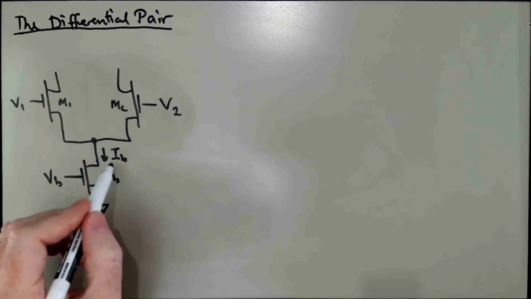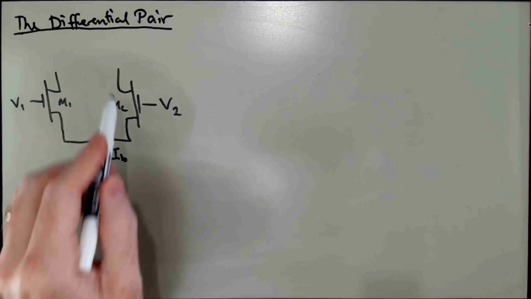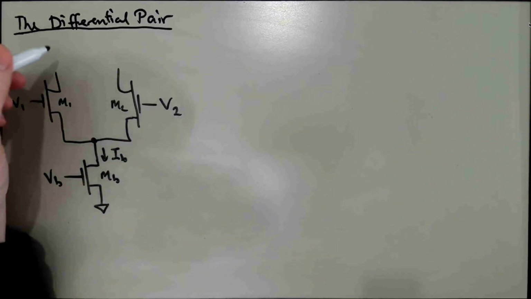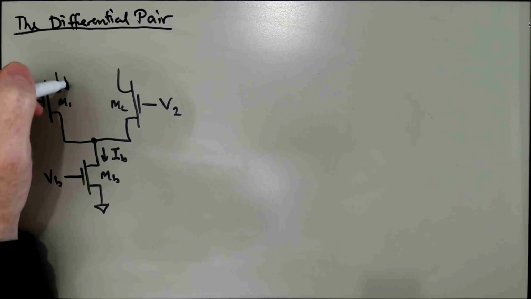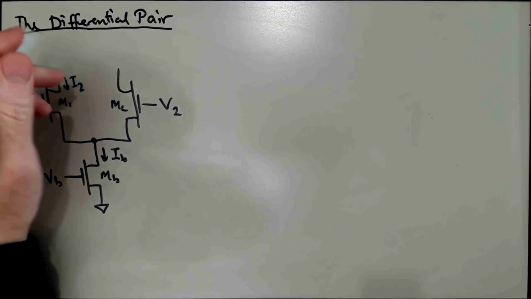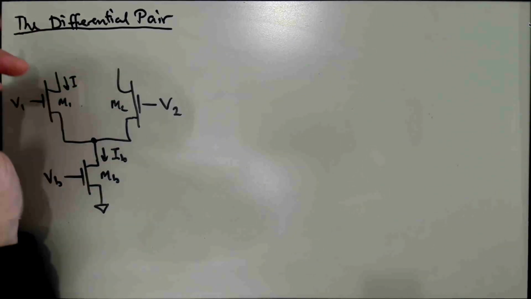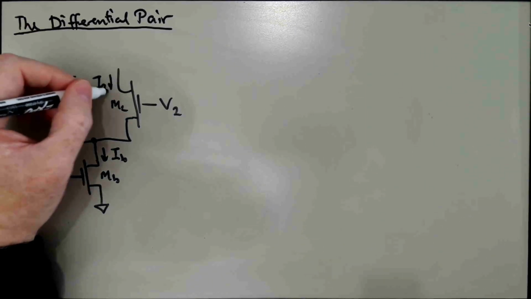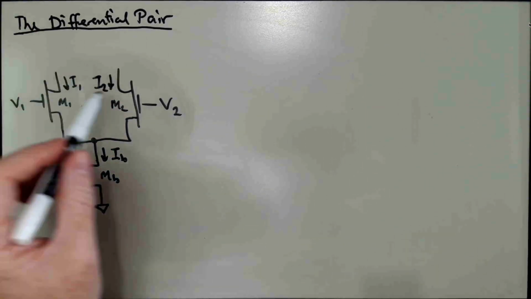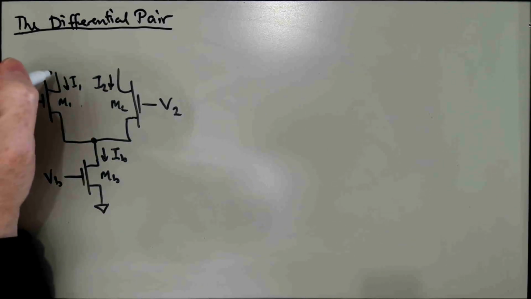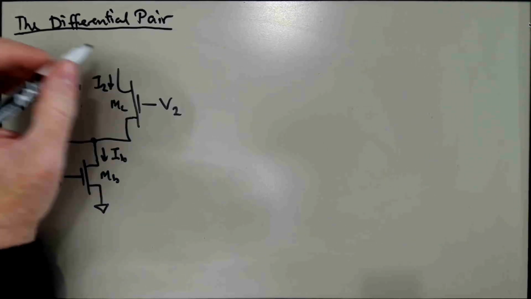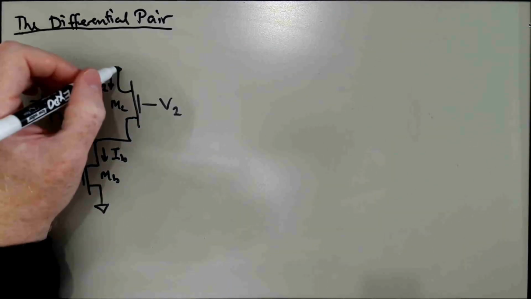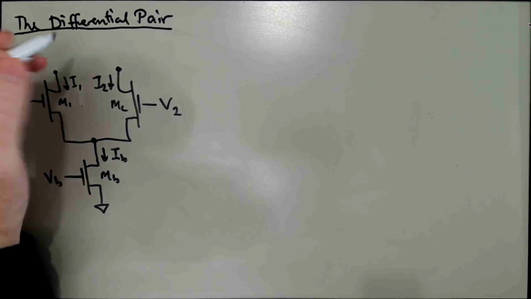But this current level controls the overall current that's flowing, the total current that's flowing in the circuit. We have two currents, I1 and I2. And these are the outputs of the circuit. Okay, and we're going to assume that the two drain voltages are held high enough to keep M1 and M2 saturated.